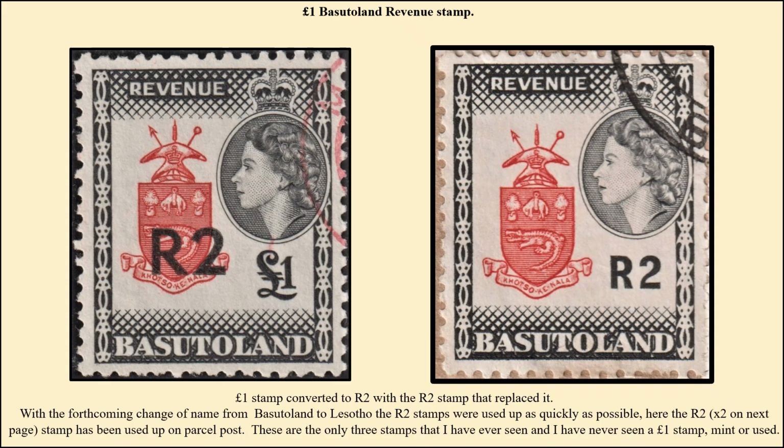Again, this would have been a case of using up old stock, because in the case of the second stamp it has been used on a parcel. I have it as a parcel piece, and to use revenue stamps up postally was most unusual.